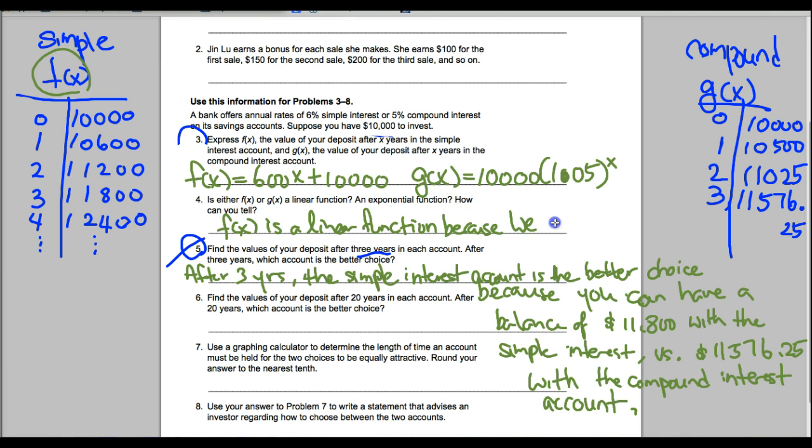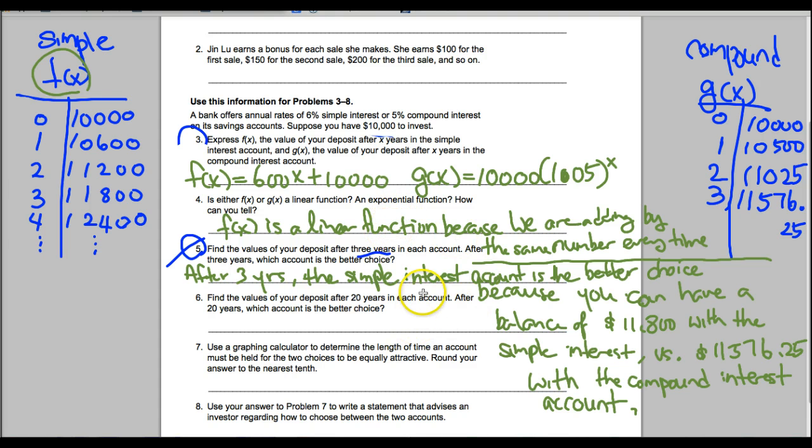Because we are adding by the same number every time. Okay? And then you can of course also say g of x is an exponential function because we're multiplying by 1.05 every time to get to the next number.